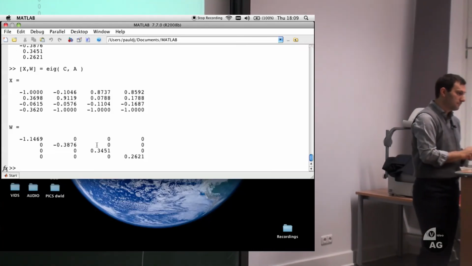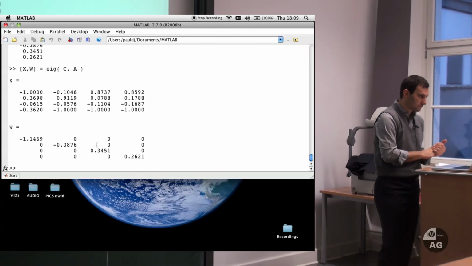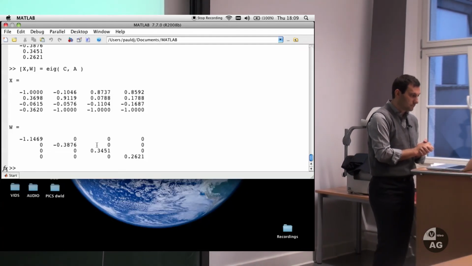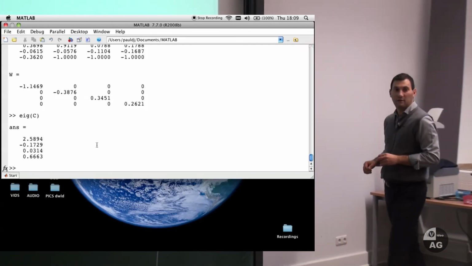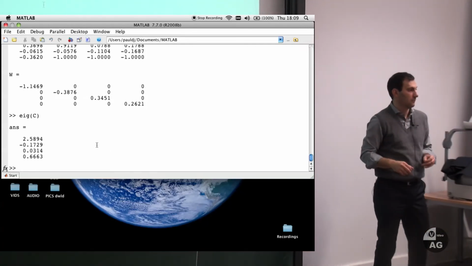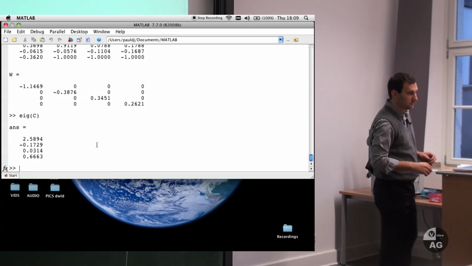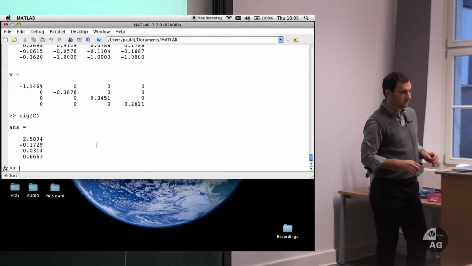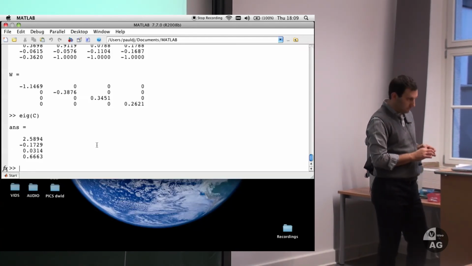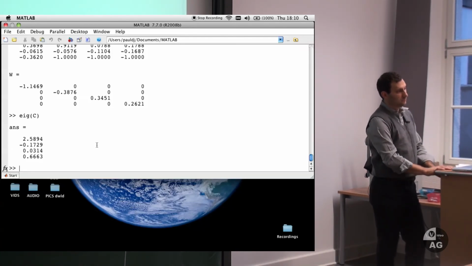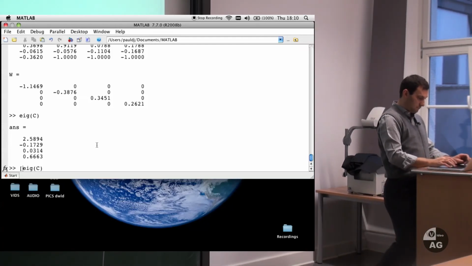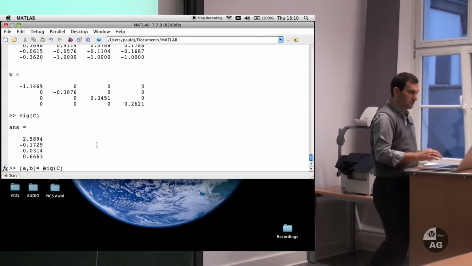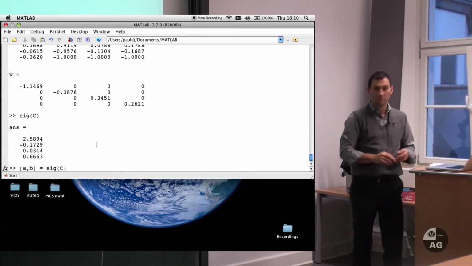Yes? But usually in Matlab, if there are multiple outputs, it would give all the possible outputs. No. Look, eig of C only gives you the eigenvalues. But this is a specific function which gets the eigenvalues of matrix C. Sure. But the one with the brackets A, comma B, that's a different function.